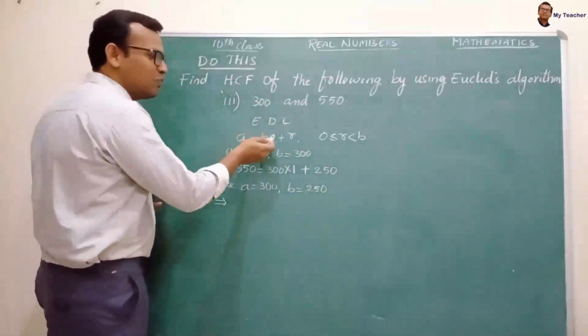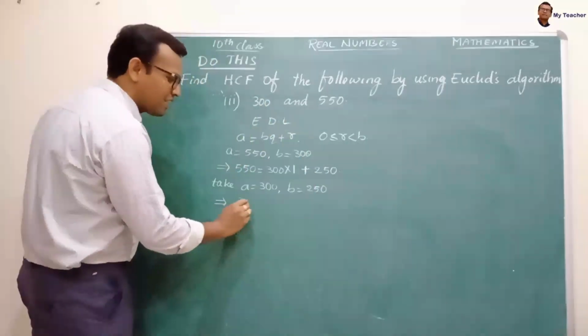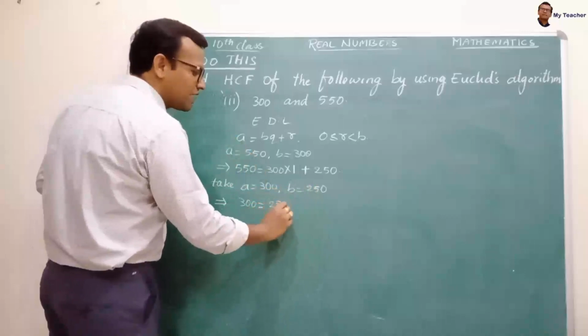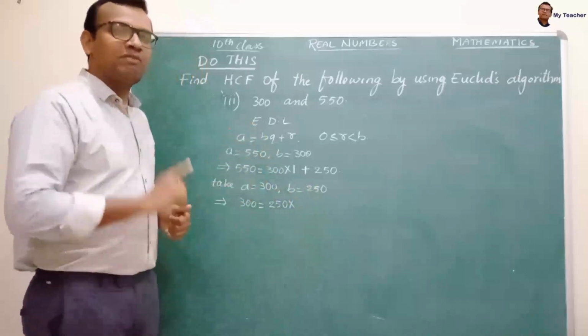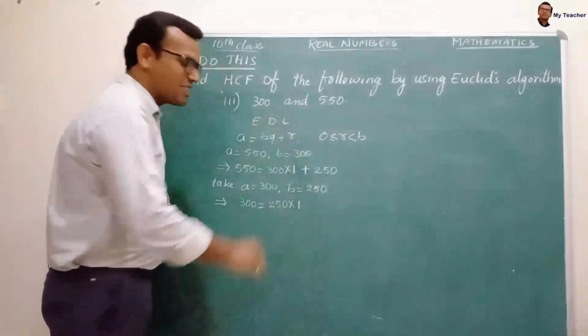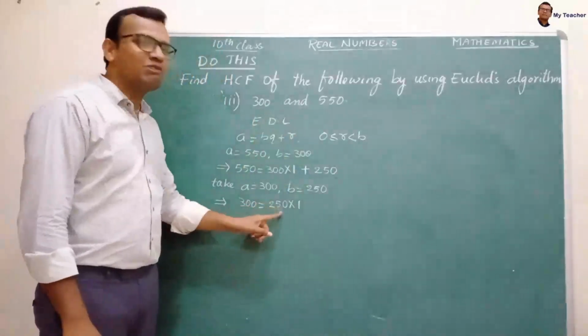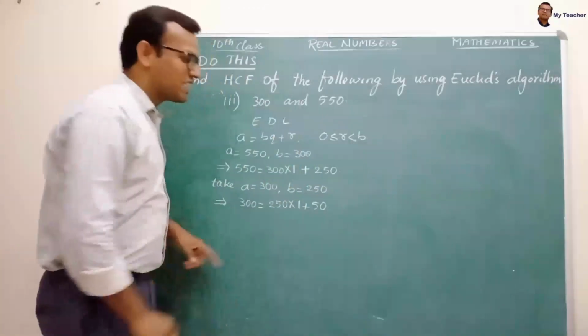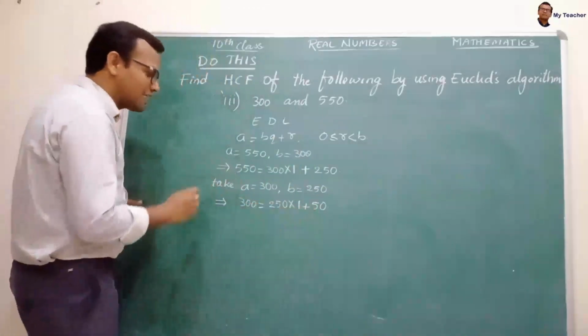A is equal to BQ plus R. That means 300 is equal to, B value is 250, into 250 ones are 250, twos are 500, which is more than this. So 250 ones are 250. Out of 300, 250 gone. So the remainder is 50. Still we did not get remainder 0. So we'll continue.